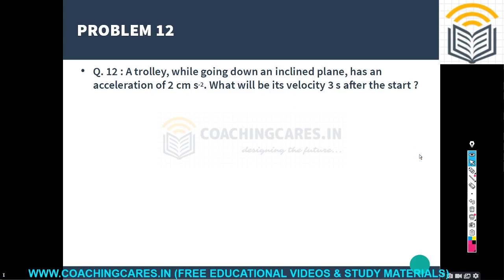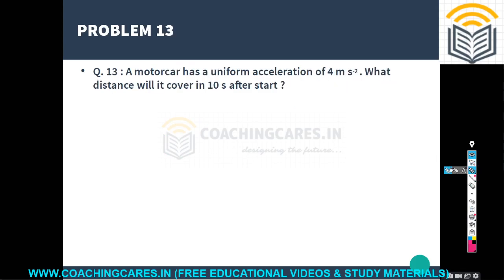Let us take another problem now. A motor car has a uniform acceleration of 4 meter per second. This uniform acceleration is given, that is 4 meter per second square. What distance will it cover in 10 seconds?